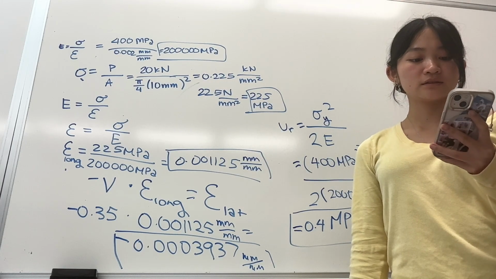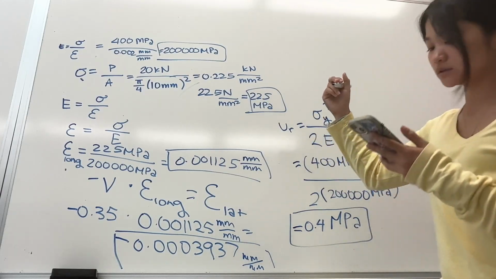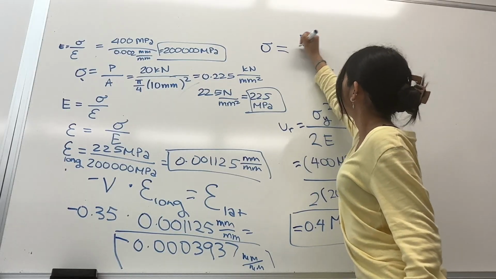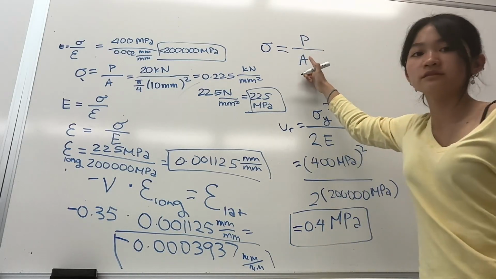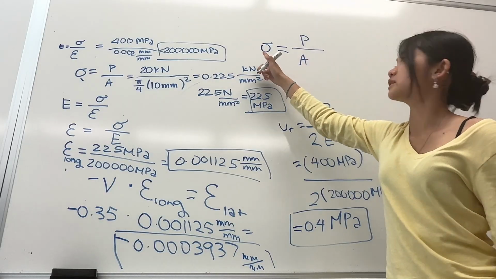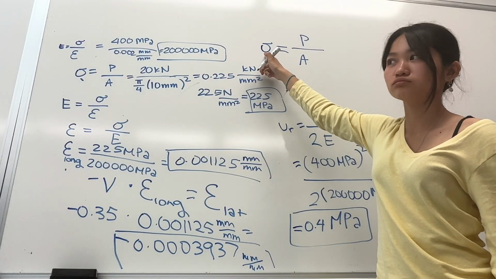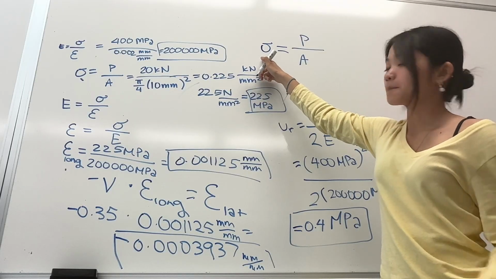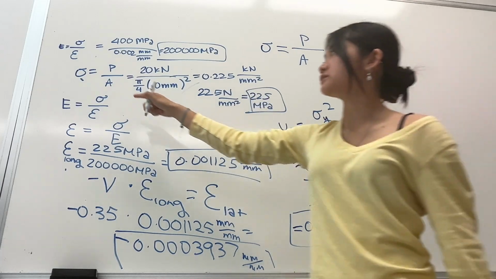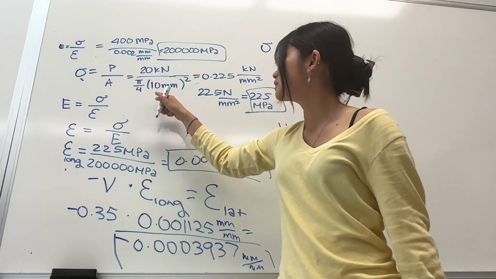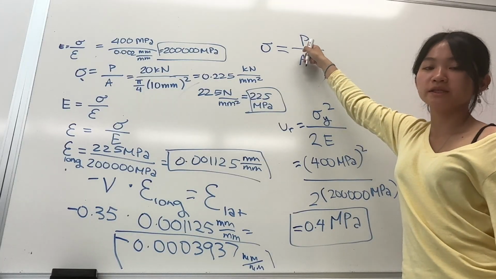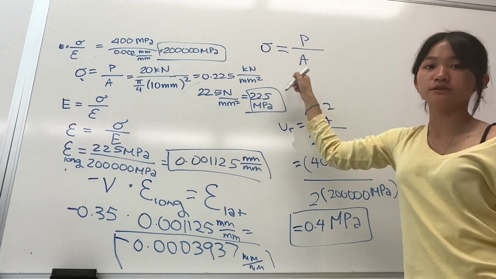And then we can use our stress equals force over area equation, because we have our ultimate strain. And then we also have our area, which we found earlier here, which is pi over 4 10 millimeters squared. But what we're missing is P, which we can solve for using these two.